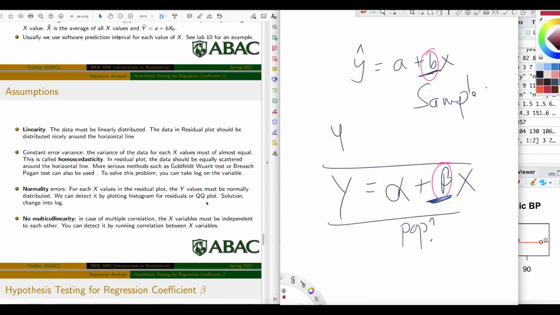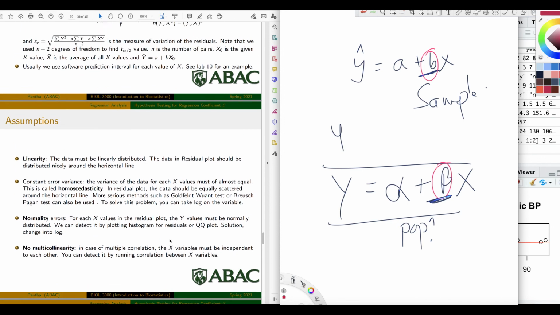And no multicollinearity. That means in case of multiple regression, the x variables must be independent of each other. If there is more than one independent variable, like x1, x2, x3 and one y variable, then x1 and x2, x2 and x3, all of them must be independent. You can detect it by running correlation between the x variables.